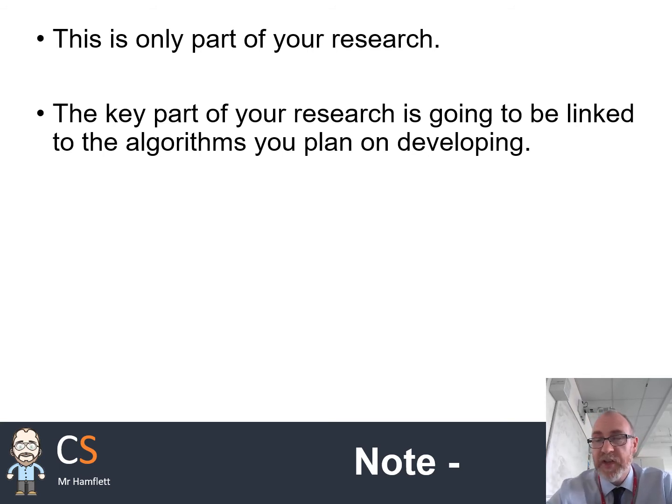You can be researching the algorithms for this one, you can be researching maybe your stakeholders. So evidence of research can come from other things, because we're researching the problem in depth, not researching the existing solutions in depth. We are describing them in depth, obviously, and we are pulling out those essential features, but actually we want to research the problem in depth, and this is just part of that.